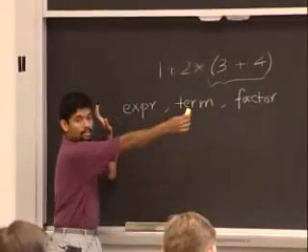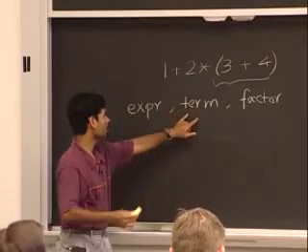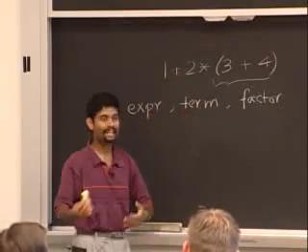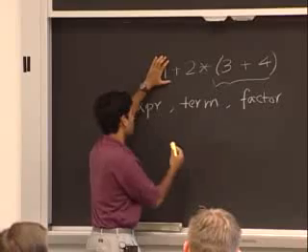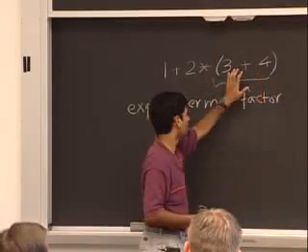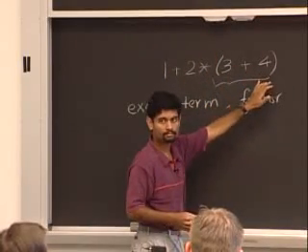An expression is just the whole thing. A term is something that you can add. So 1 is a term, 2 times 3 plus 4 is a term, 3 is a term. That makes sense?